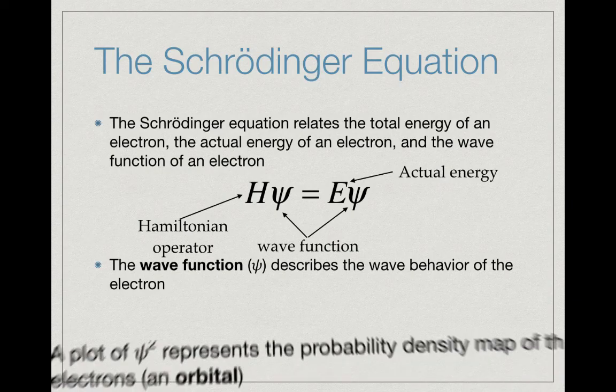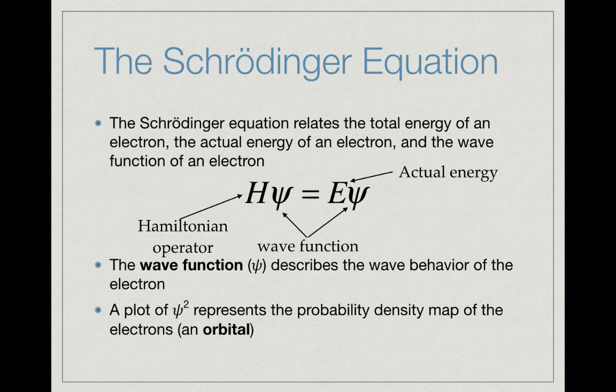If we make a plot of psi squared, it gives us a probability density map of the electrons, and that's what we call an orbital. So if we plot psi squared, we see where we are most likely to find the electron around an atom.